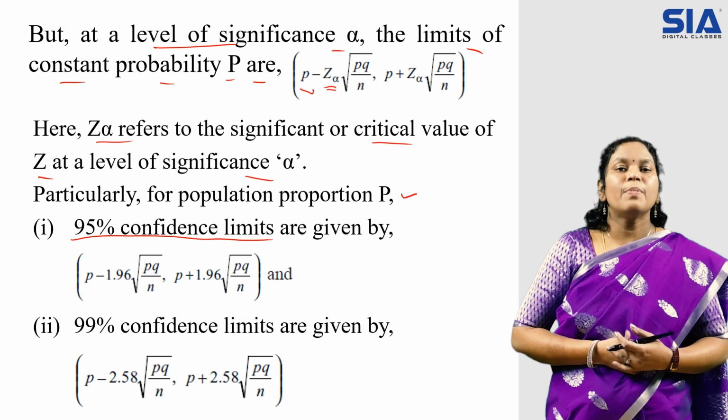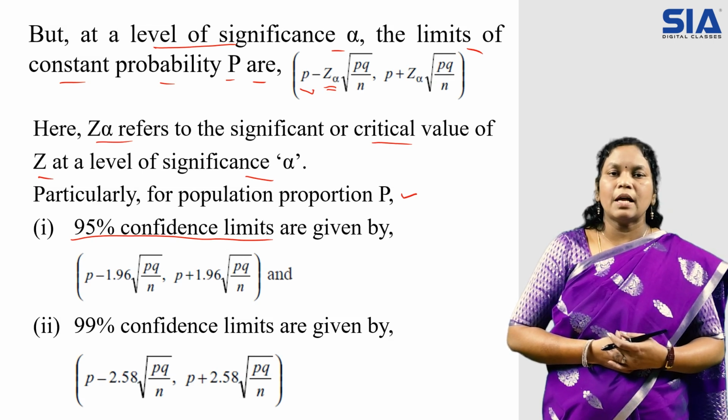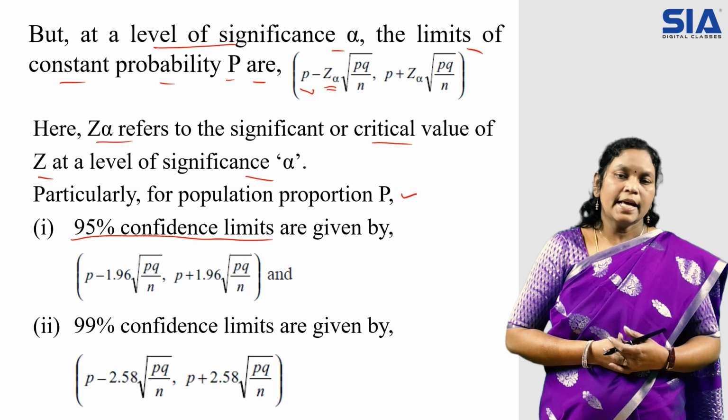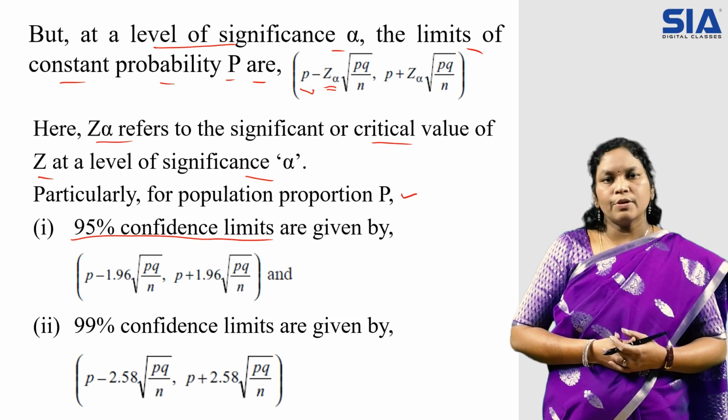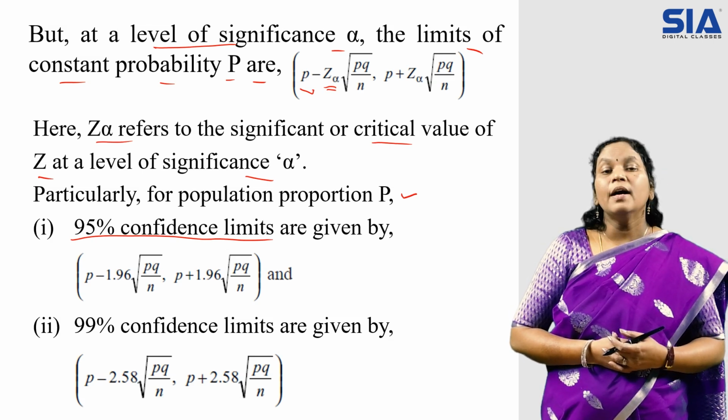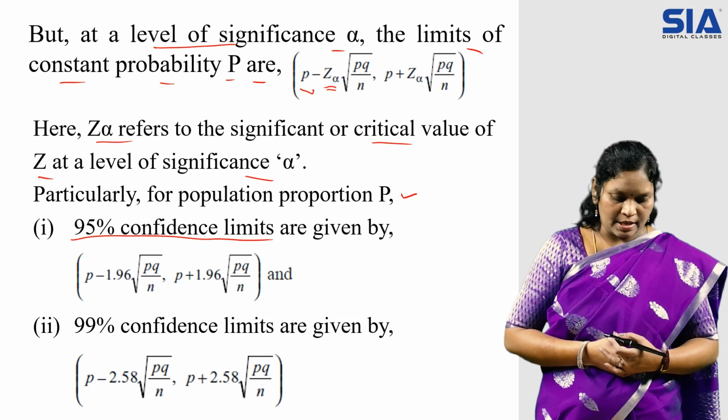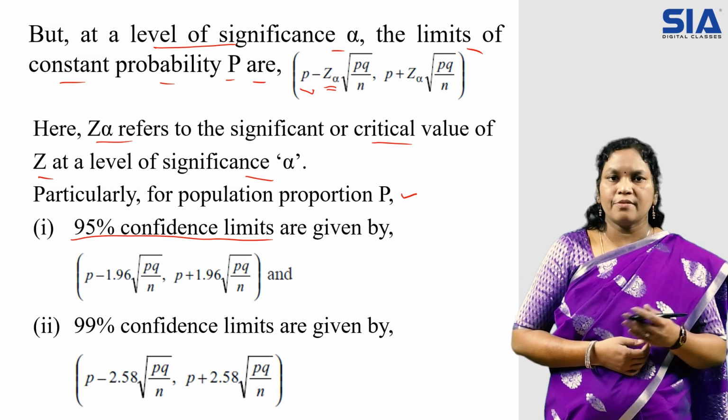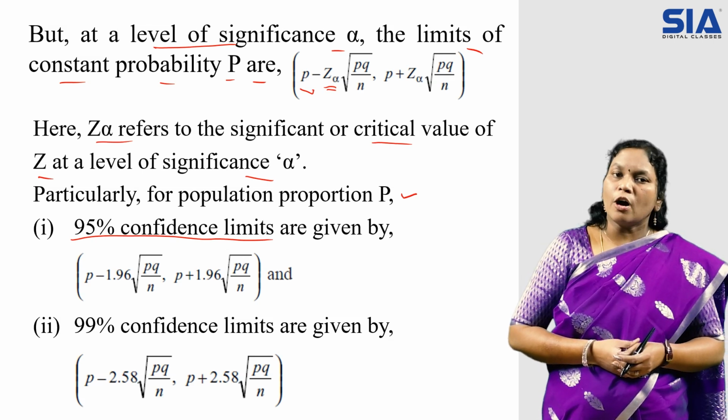So for 5%, what is the table value or the critical value we have remembered? For 5% LOS for a two-tailed test, the critical value is 1.96. Let us substitute that Z alpha here and get the confidence limits.